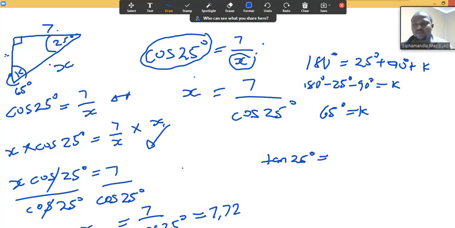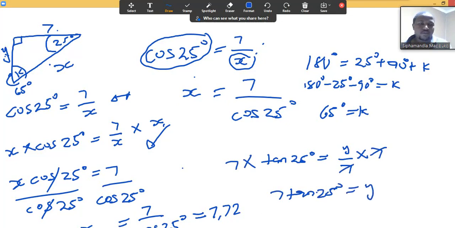Let's call the side here y, our opposite side. So we will say we have y all over 7, right? So we just multiply by 7 both sides. This goes off, and then we have 7 tan 25 degrees is equal to our y.